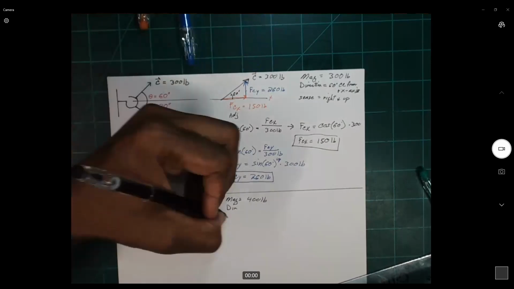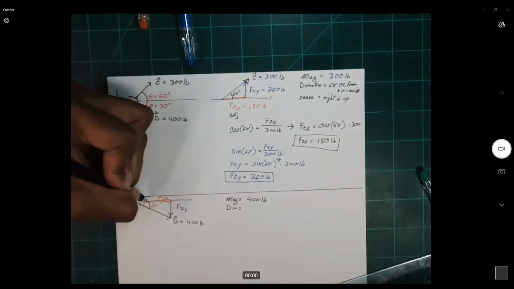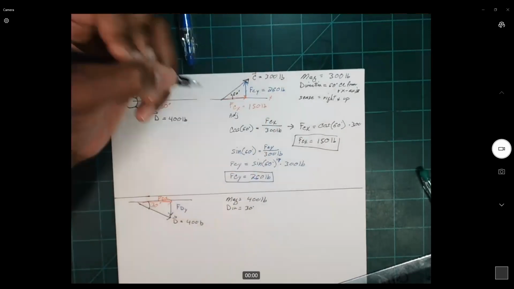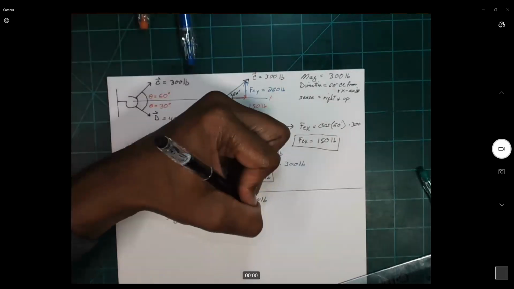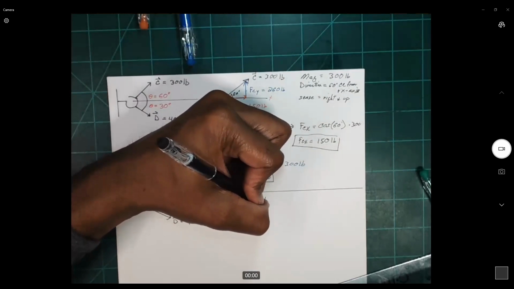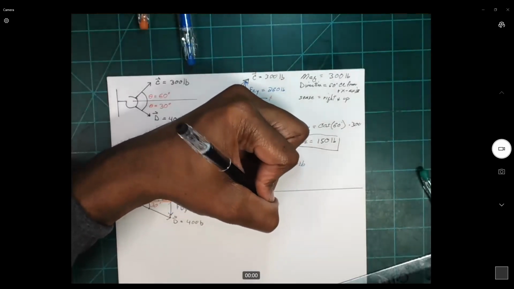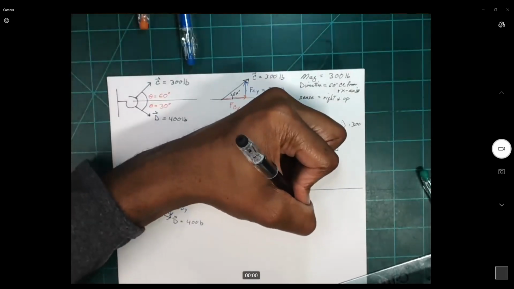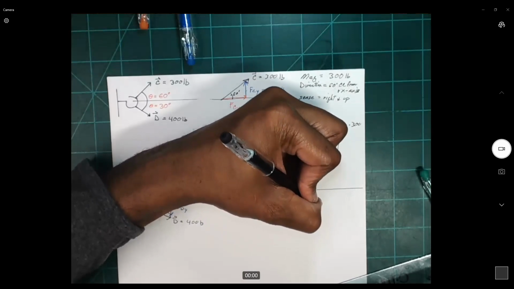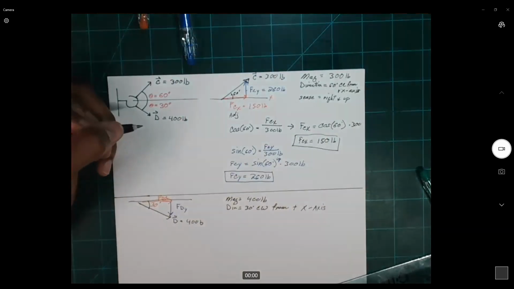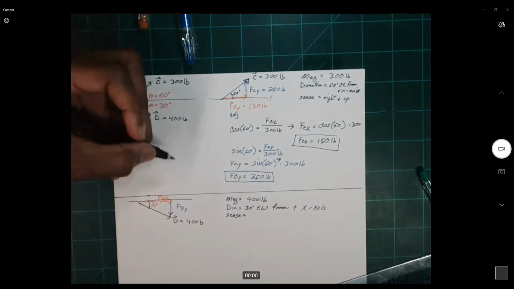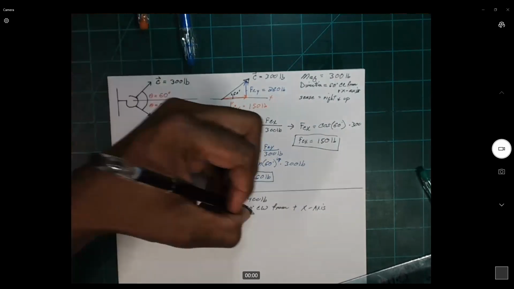So our direction is 30 degrees clockwise from the positive x axis. And our sense is to the right and down.